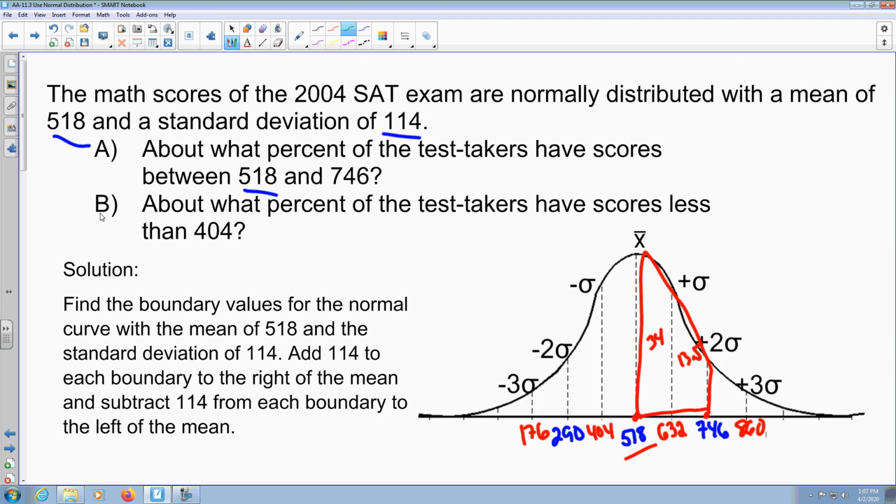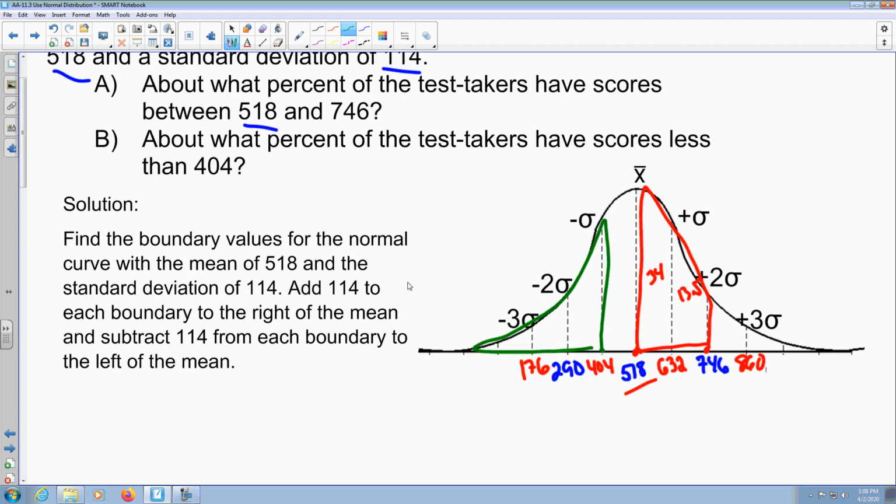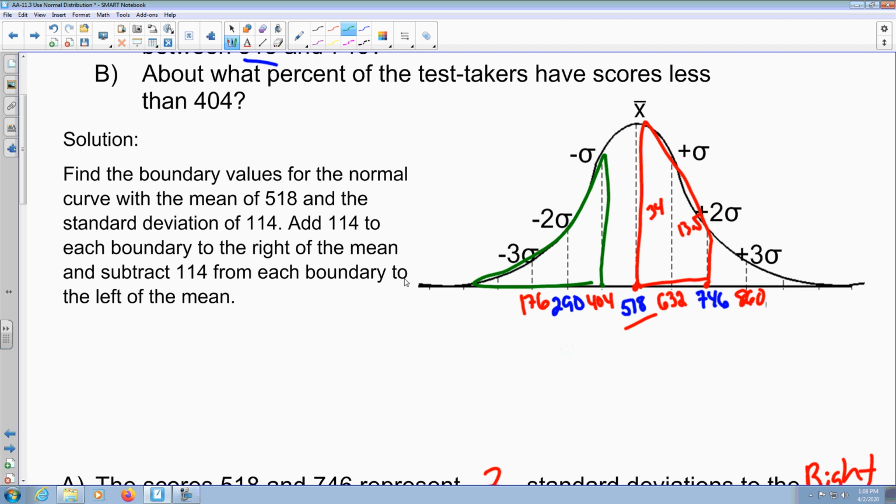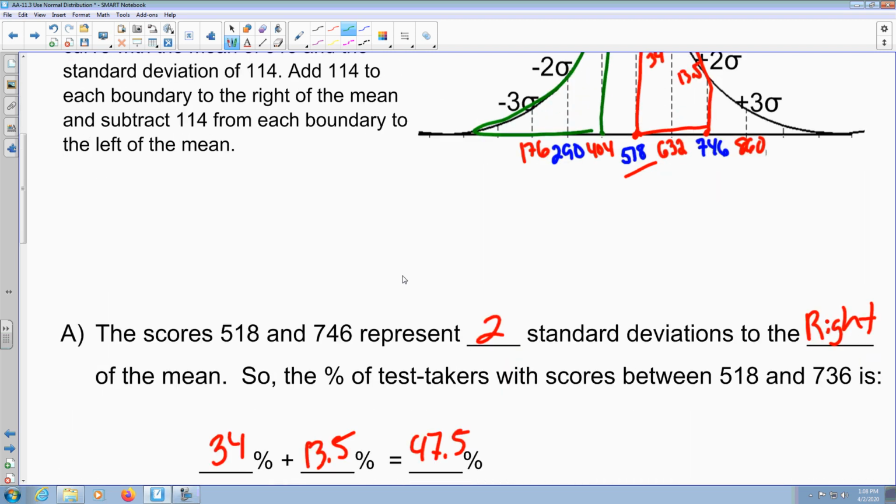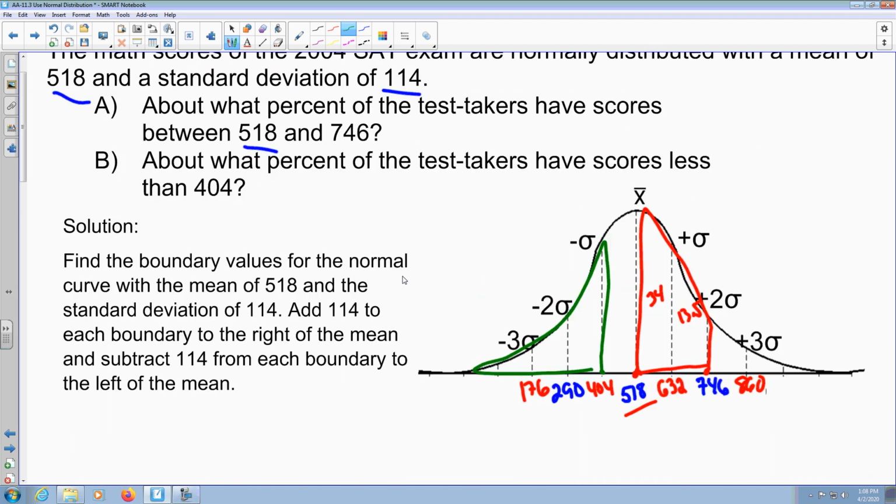states, what is the percentage of test takers that scored less than 404? So everything that's less than 404 is represented right there. So now, again, you're going to use those same percentages. And so this was 13 and a half. This was the 2.35.